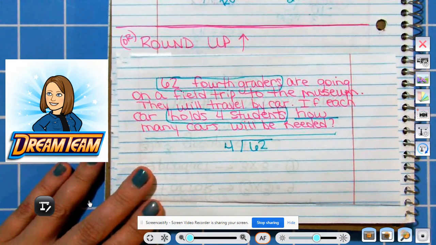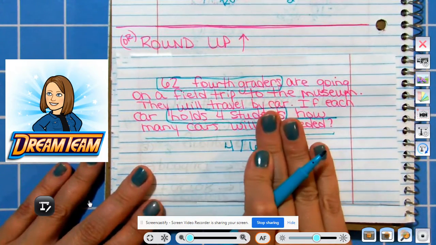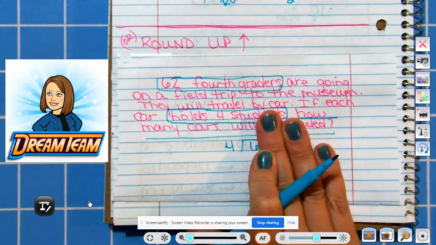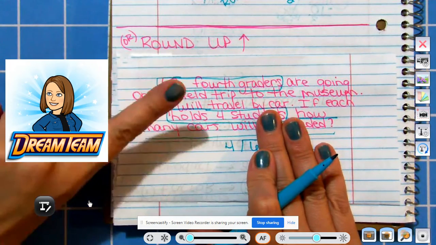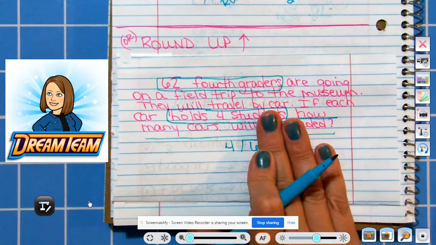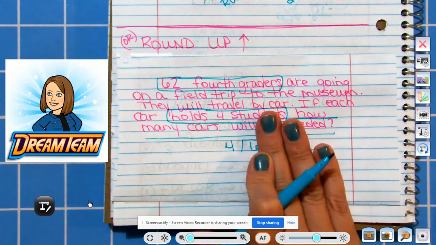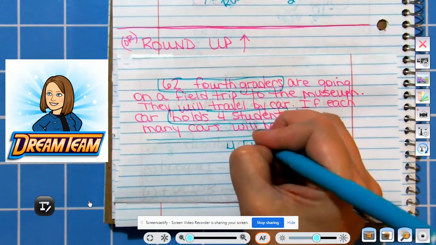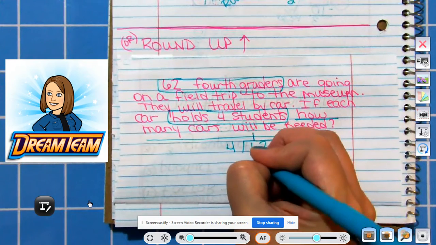So we're splitting that 62 into 4s. All right, how many groups of 4 can we get out of 6? So one group of 4 would be 4. 2 groups of 4 would be 8. That's too many.